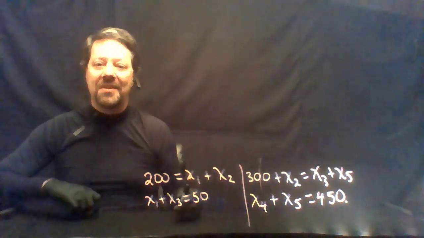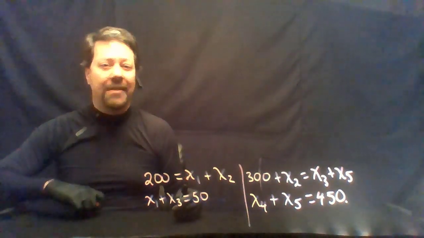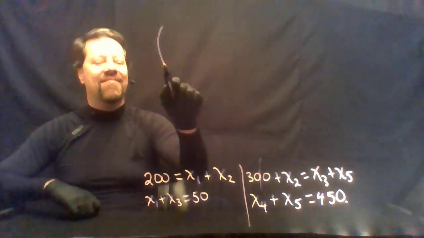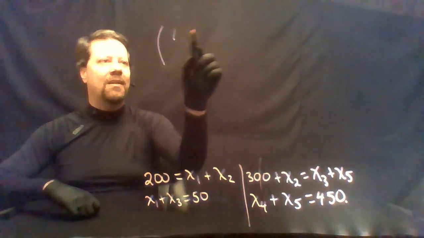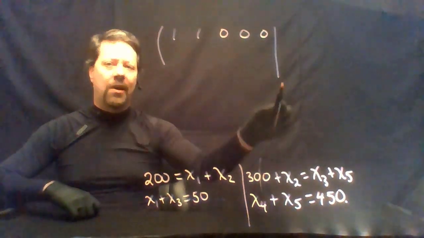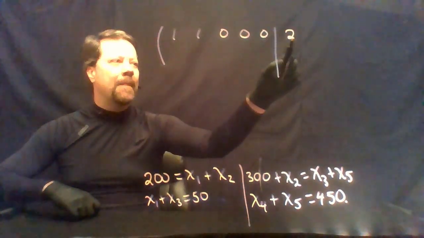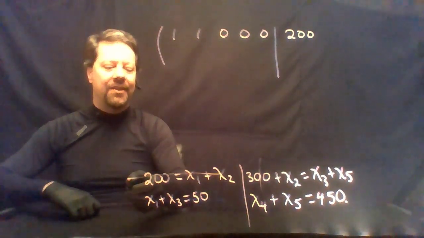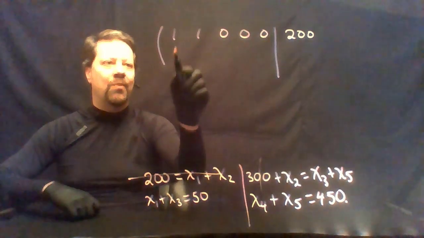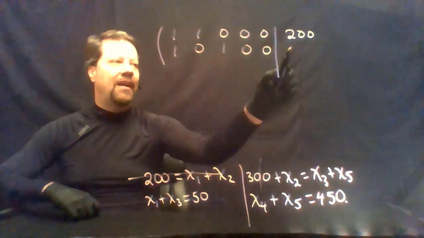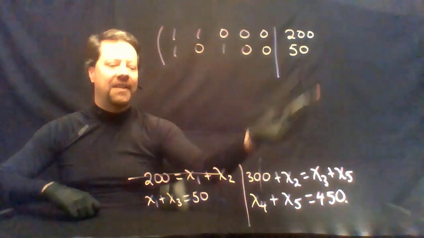I'm going to express this system of 4 equations in 5 unknowns as an augmented array. We'll have 1, 1, 0, 0, 0, and then the bar where the equal sign would be, 200. That takes care of this first equation. The next equation is 1, 0, 1, 0, 0, and then 50.